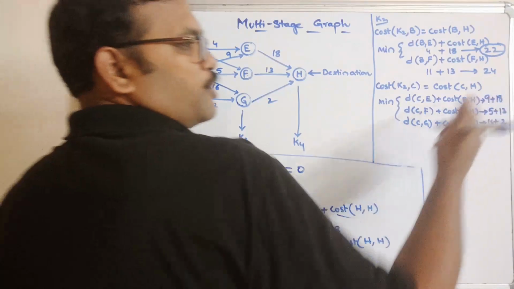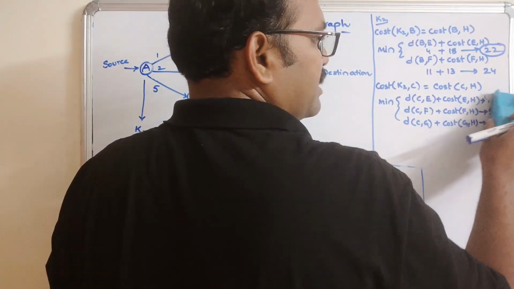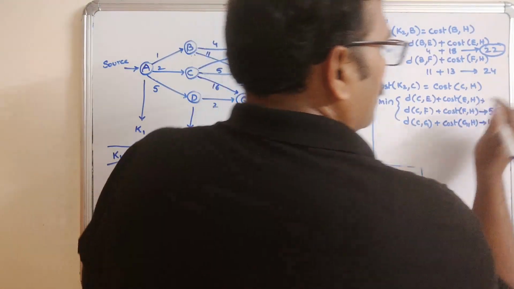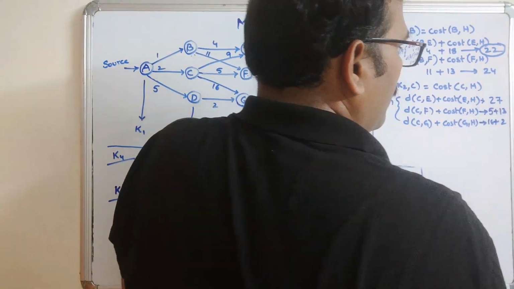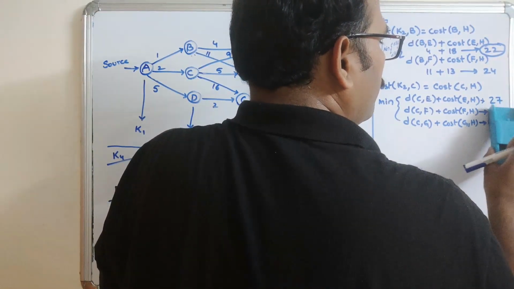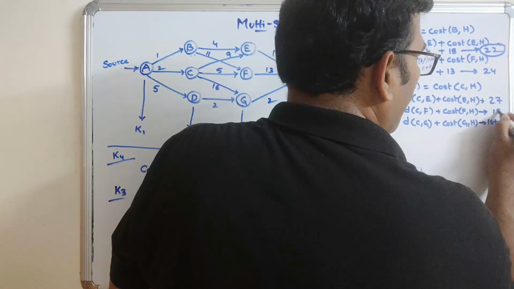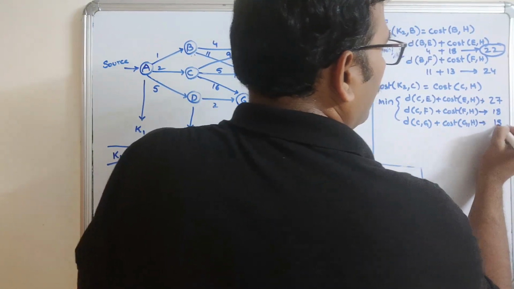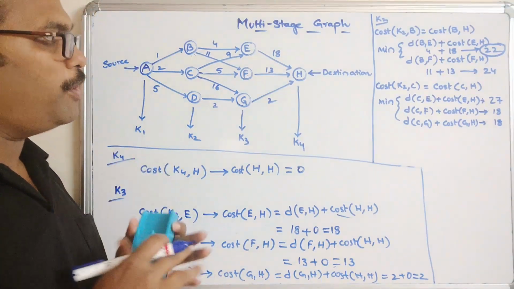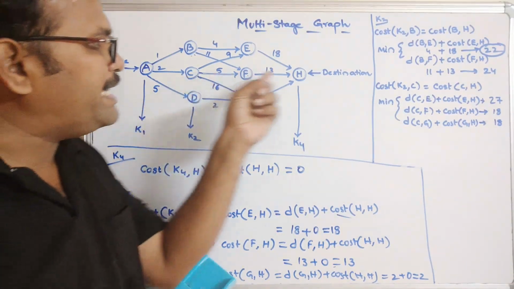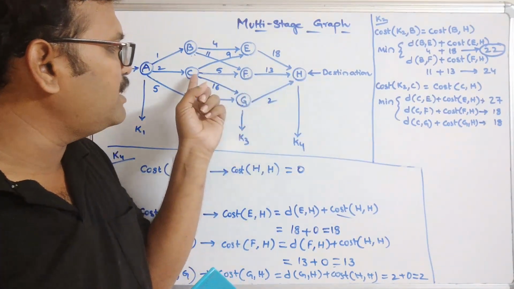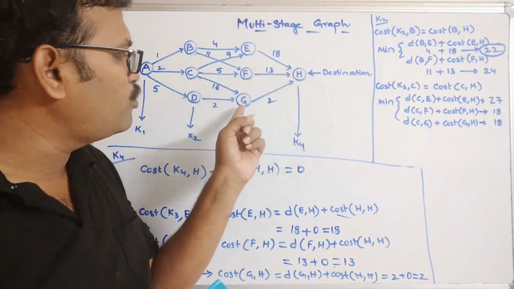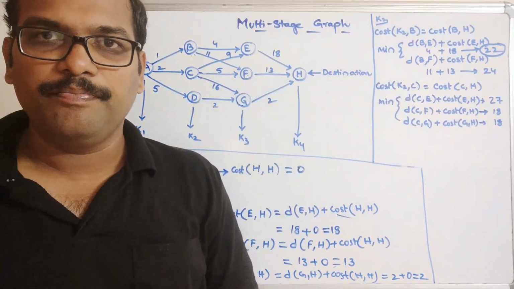So how much? 9 plus 18 is 27, 5 plus 13 is 18, 16 plus 2 is again 18. So we can consider 2 possibilities: reaching H through F or reaching H through G. Both are equal cost, right.